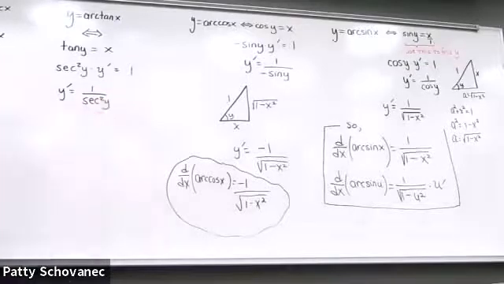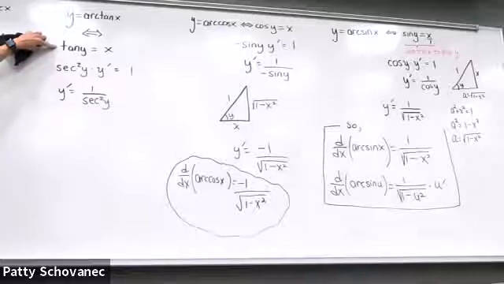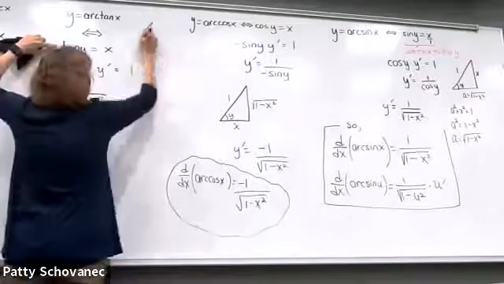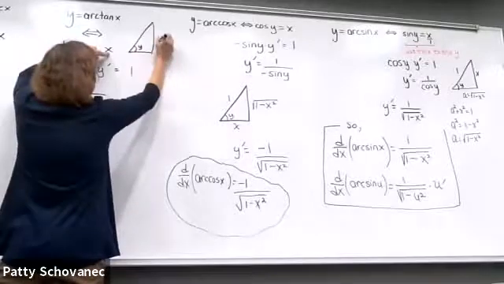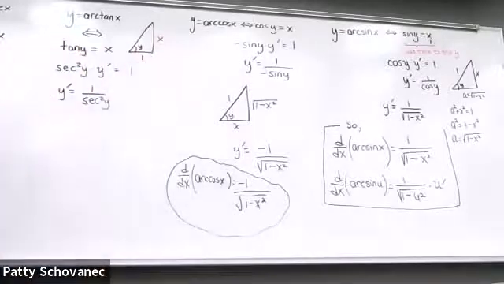And what I'm going to do here is draw a triangle with an angle y in it, so that the ratio of the opposite to the adjacent simplifies to x. Tangent is x over 1. Do the Pythagorean theorem and tell me what the hypotenuse is in terms of x.